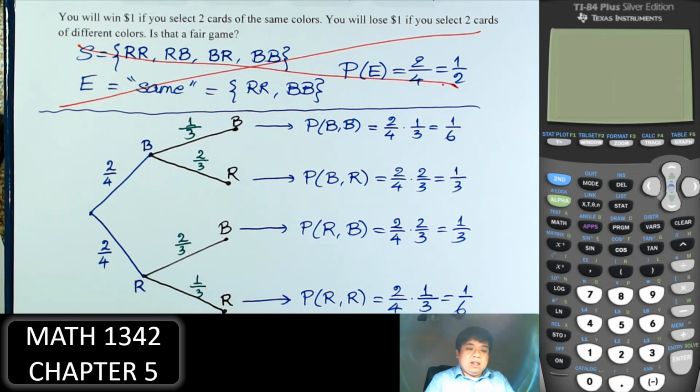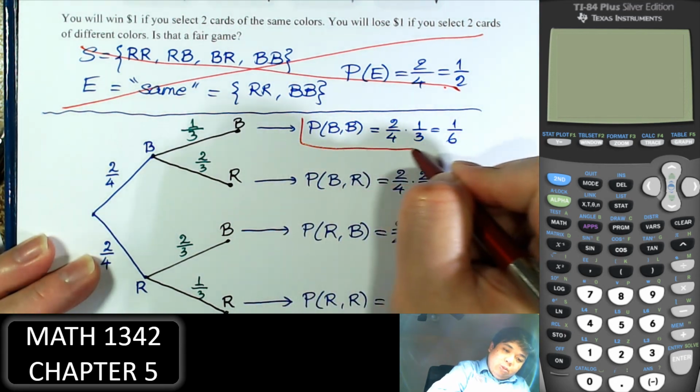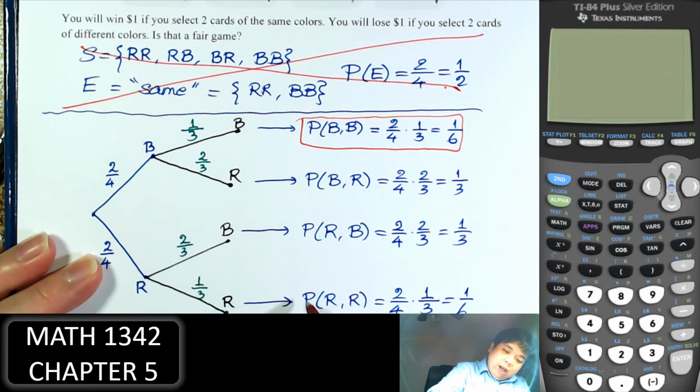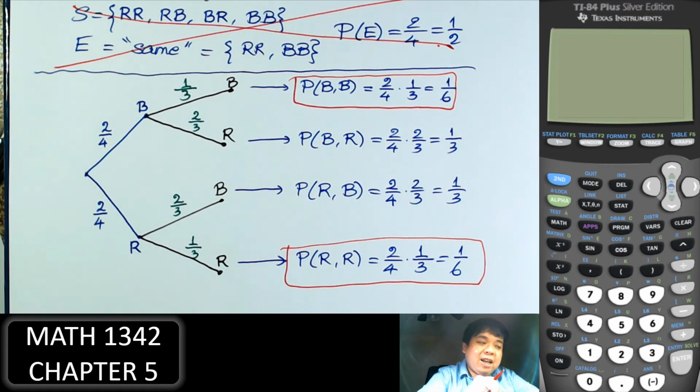And after that, at the end, we asked, what is the probability of getting the same color? Well, the same color could be getting two black cards or getting two red cards, and those are mutually exclusive events. They are not overlapping, so we just add them, right?